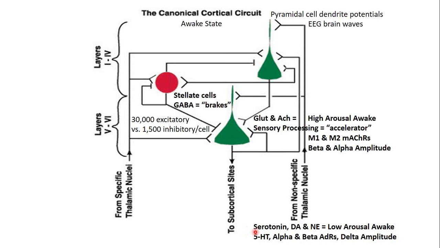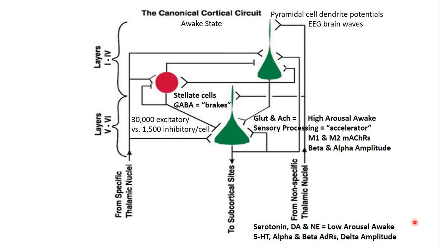We then get a predominance of inputs from what we call the ascending reticular activating system that are coming via the brainstem area called the raphe, you might have heard of, that makes serotonin, and the locus ceruleus, which makes norepinephrine in the brainstem. And I'll show you some diagrams later which will show you these areas.